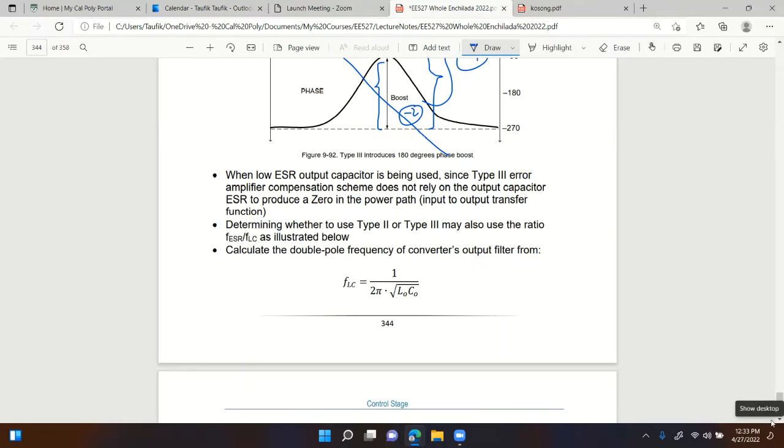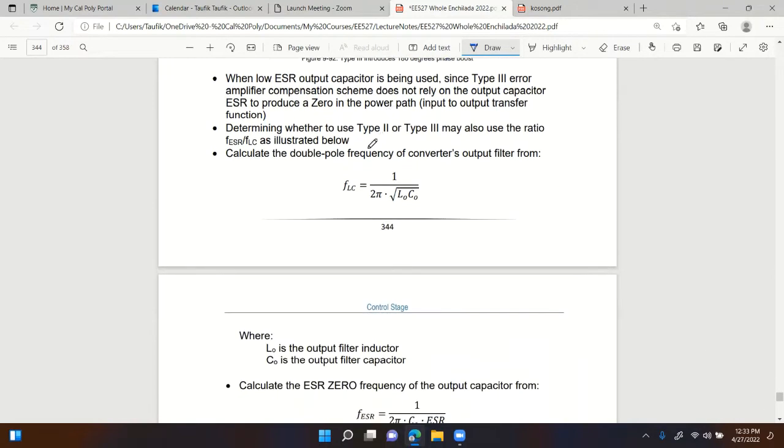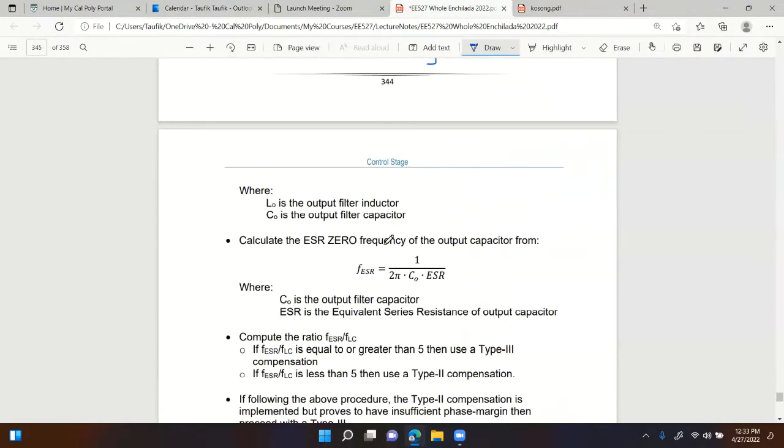So first, you calculate the corner frequency of the LC filter. You learn from circuit class, that's how you find the corner frequency of the LC filter, from the output inductance and output capacitance. And then you also calculate the zero frequency of the ESR.